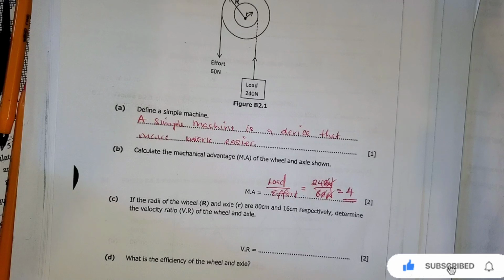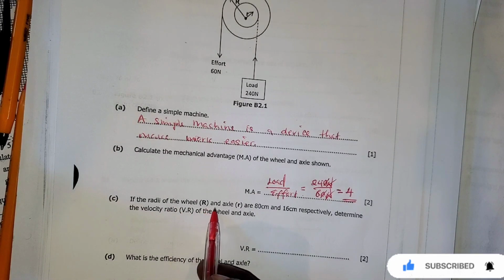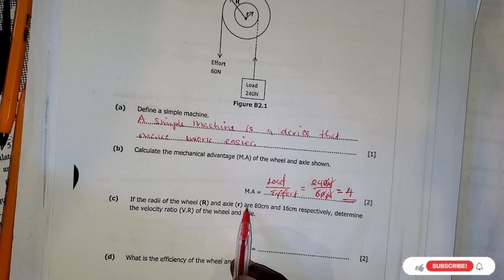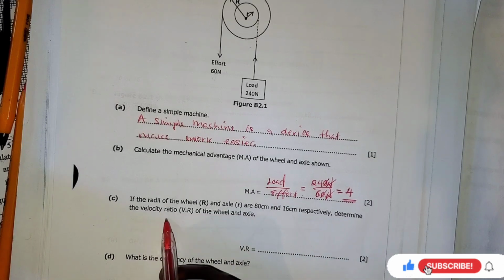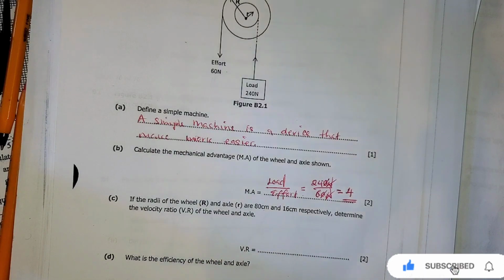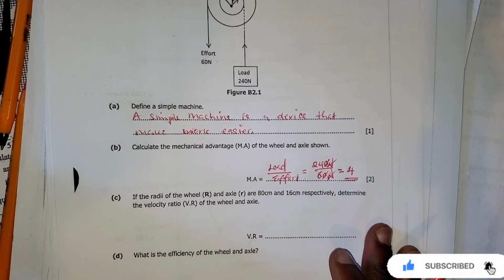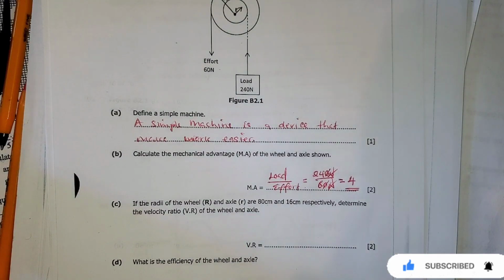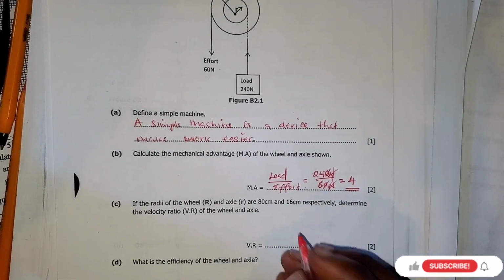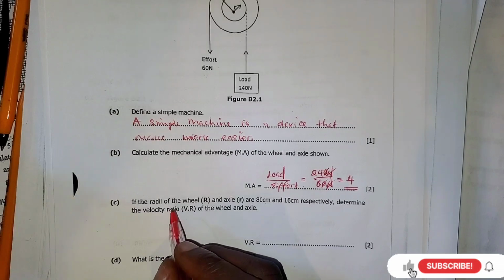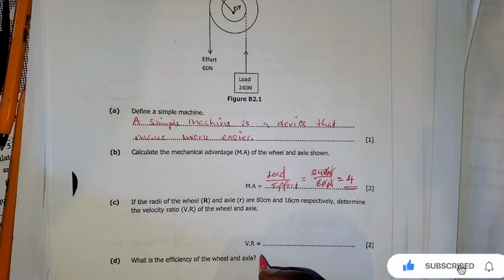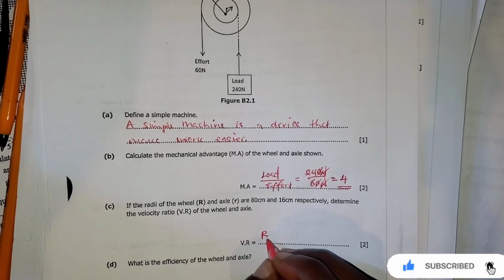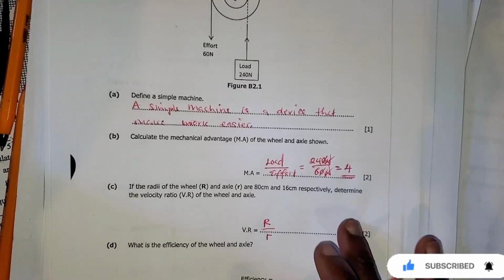Second question: if the radii of the wheel R and the axle r are 80 and 16 respectively, determine the velocity ratio of the wheel and the axle. This is also easy. So we're going to say the radius of the wheel over the radius of the axle, capital R divided by small letter r.